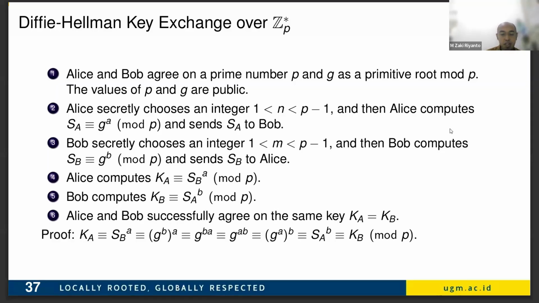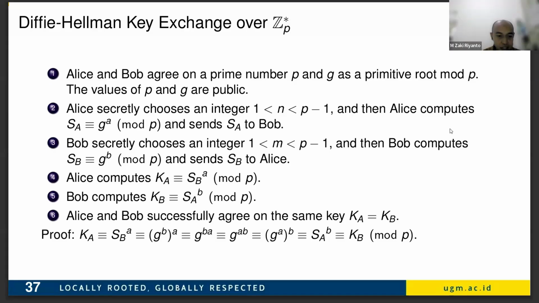So Alice has A and also SB, and Bob has SA and the value of B. So Alice computes SB to the power of A, and Bob computes SA to the power of B. And the magic happens: Alice and Bob successfully agree on the same key.